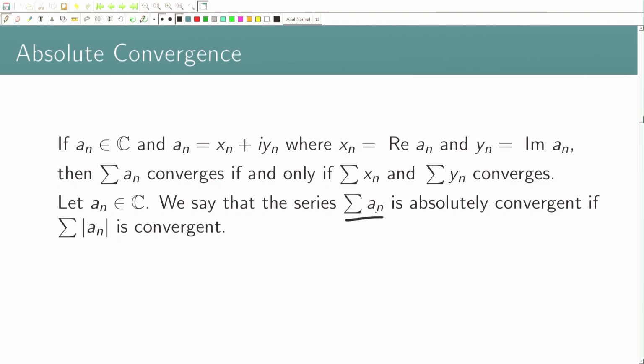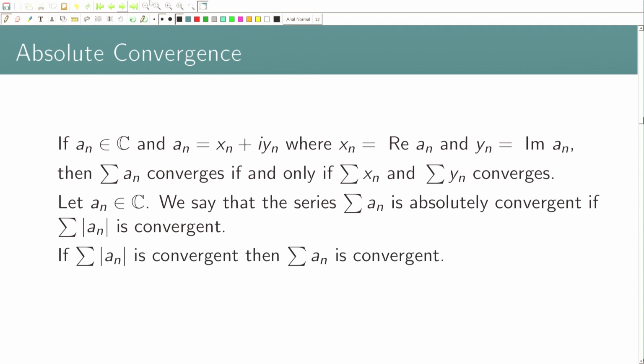If this converges, we say that the complex series summation of A n is absolutely convergent. Easily one can see that if summation over mod of A n is convergent, then summation A n is also convergent. However, the converse may not be true.